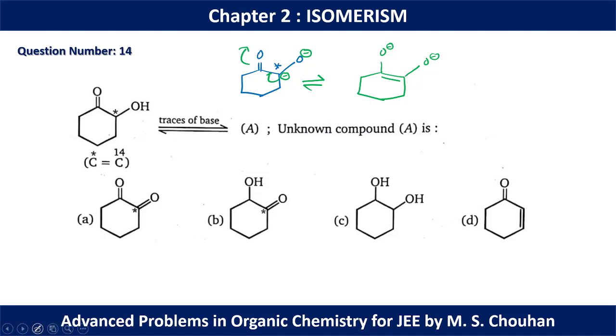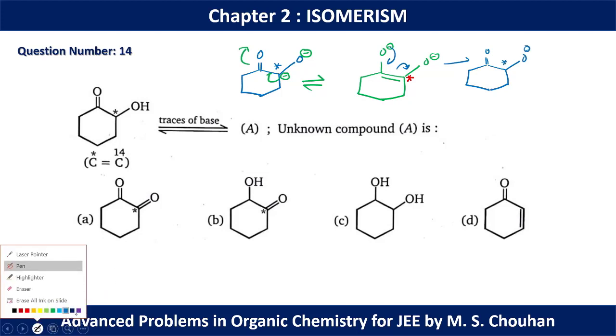Okay, now we can draw two canonical forms. One is this one. In this way we can form the same structure, which is this, which has the star in this position.